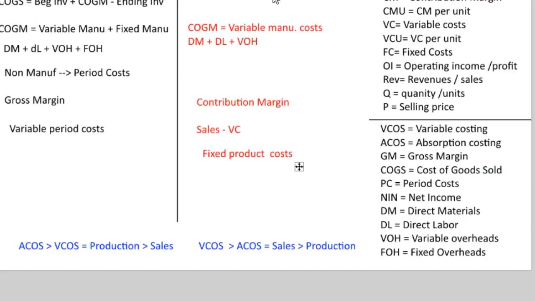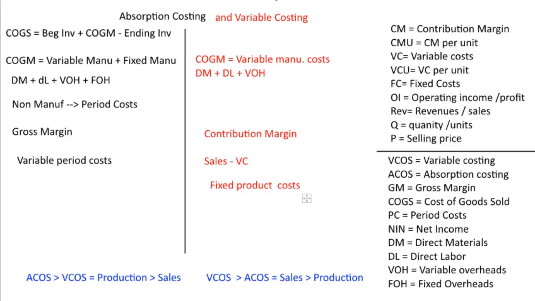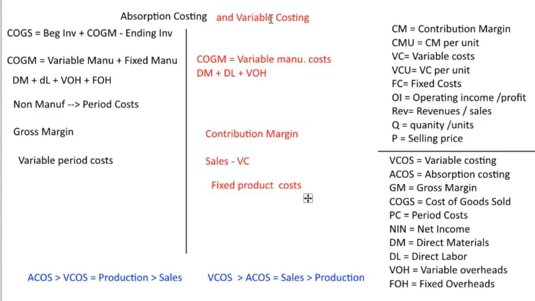Okay, let's see, back to this. I think maybe to end it off, it will be good to see it in an example, right? So in variable costing, you have your sales. Then your second step is your variable costs.